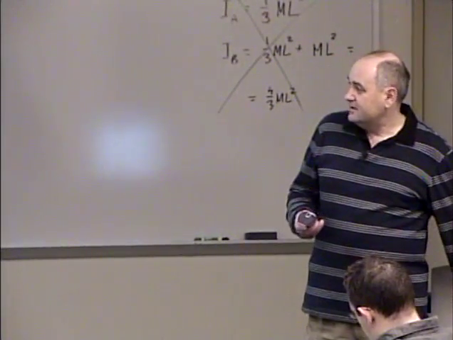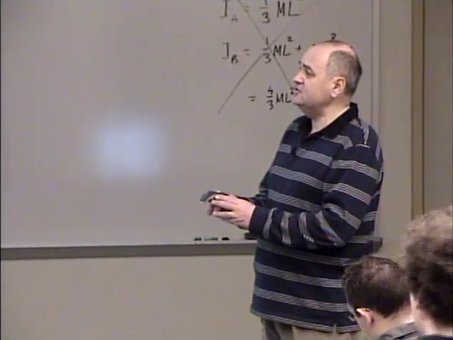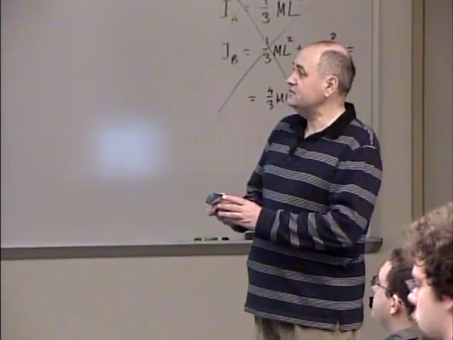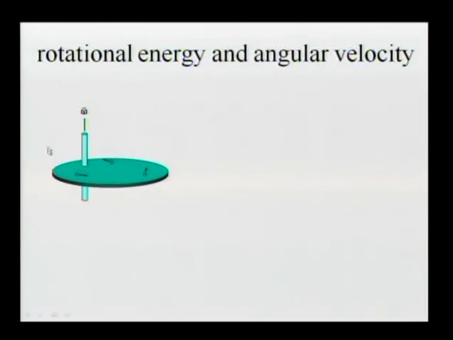Let's say that this is the axis of rotation, and we consider rotational kinetic energy about this axis. By definition, rotational kinetic energy is the total kinetic energy in the reference frame of that axis.